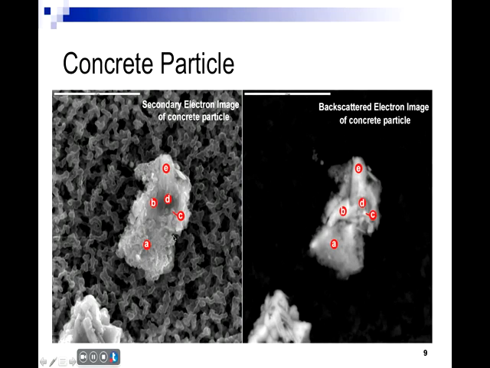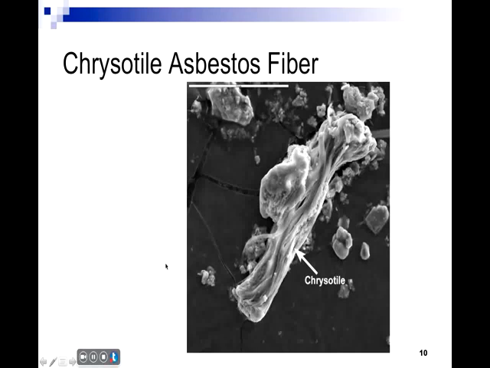This is a concrete particle, again an isometric orientation, and this is an electron scanning image of what a concrete particle looks like. This is the asbestos fiber. This happens to be a chrysotile asbestos fiber, but as in most fiber materials, it's going to be at least 3 times longer than it is wide.